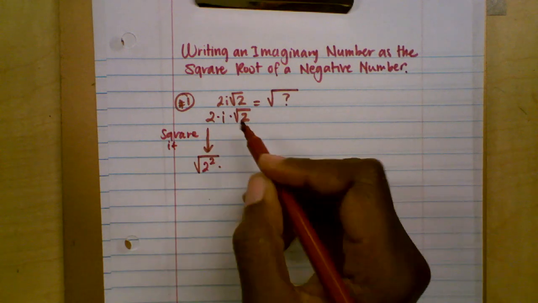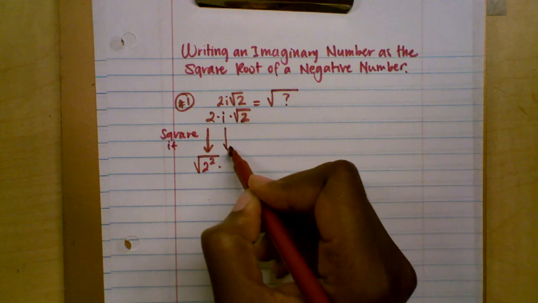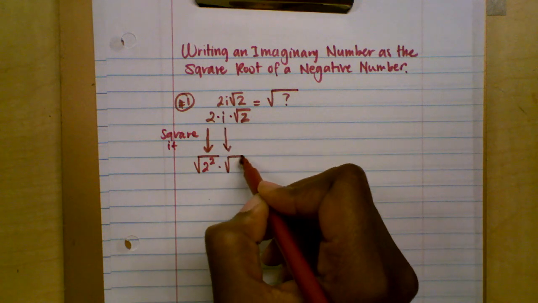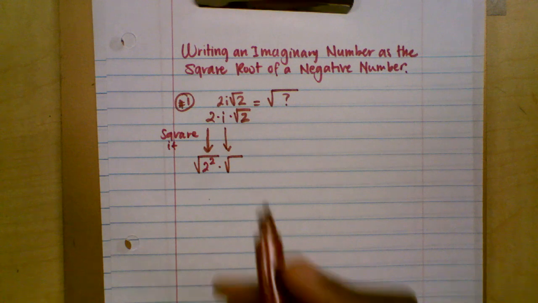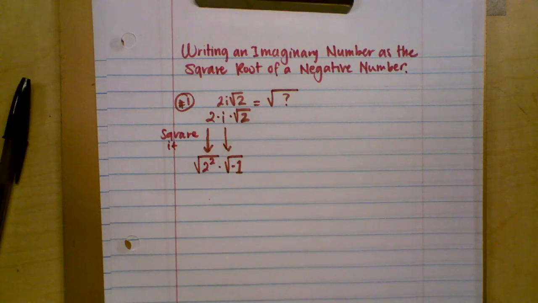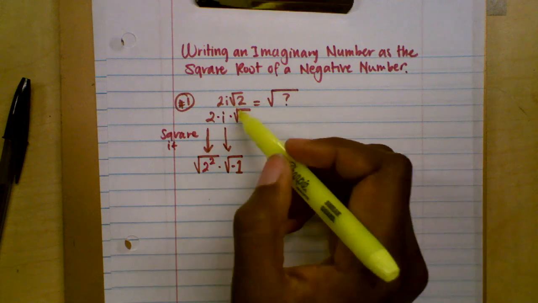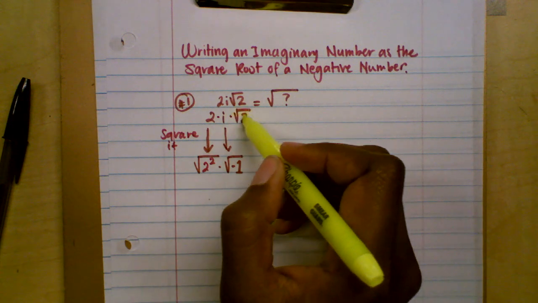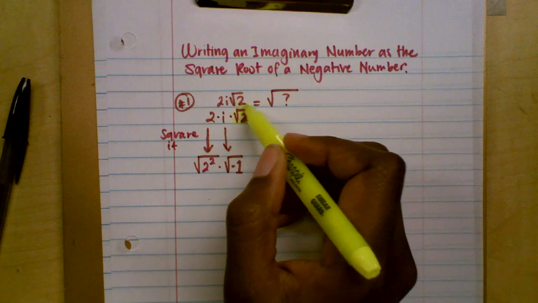Times, and now we know that i can be written as the square root of negative 1. Now, alert: the third factor is the square root of positive 2.